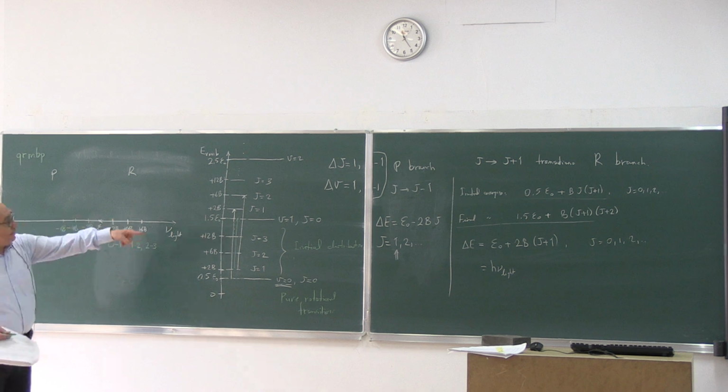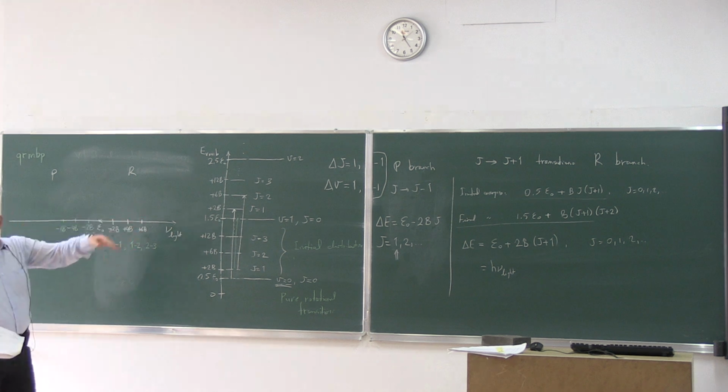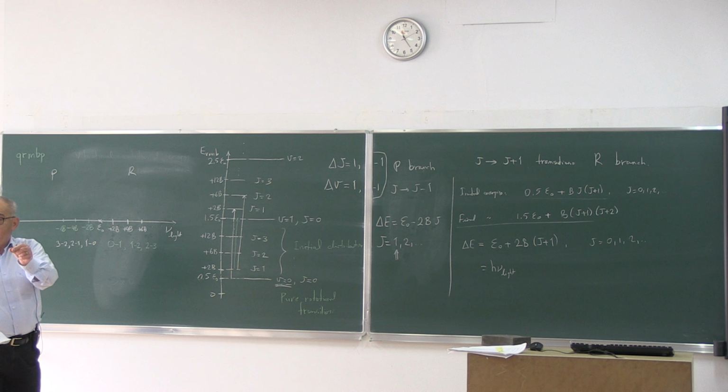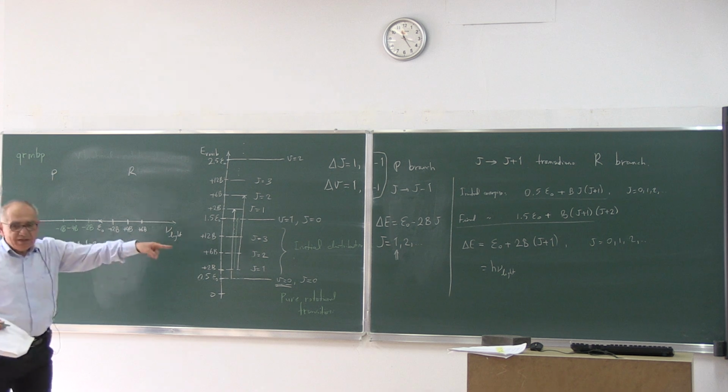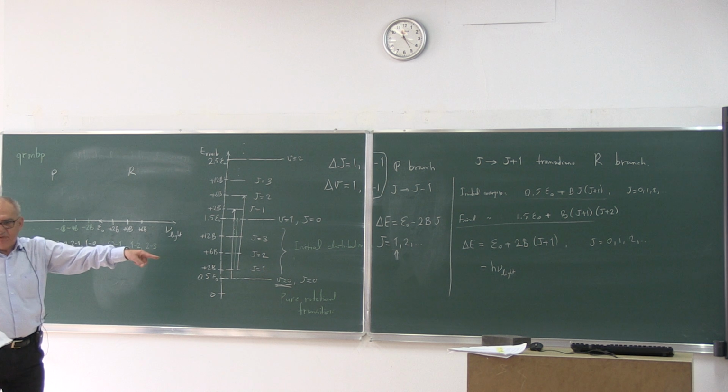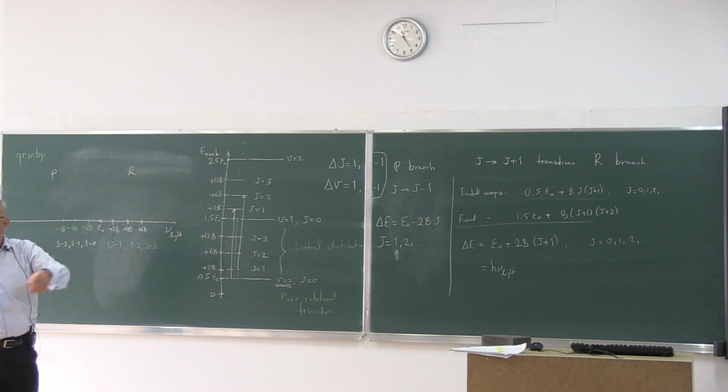This graph and the formulas over there indicate the frequencies of all the photons that could be absorbed by the sample. When you frequency scan the sample, you have a light source.